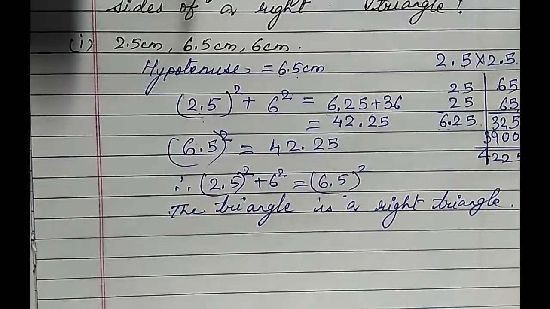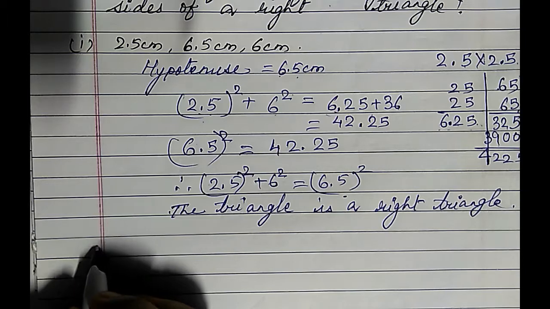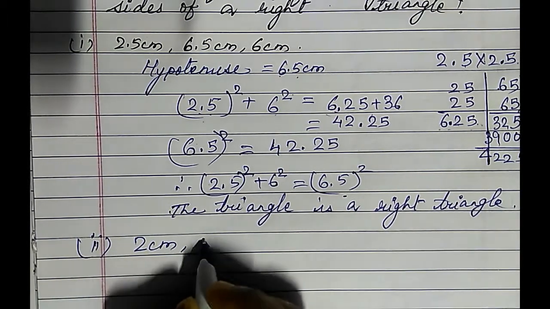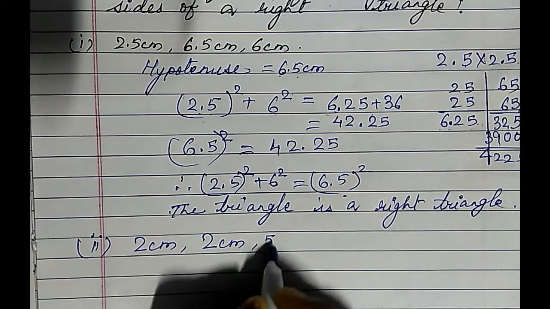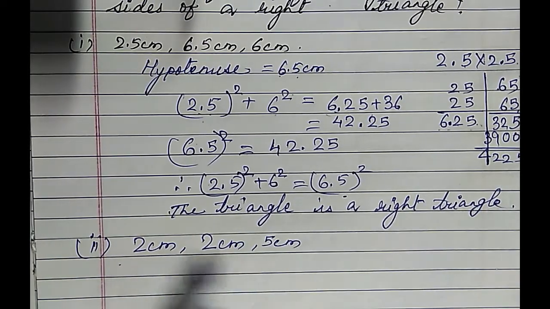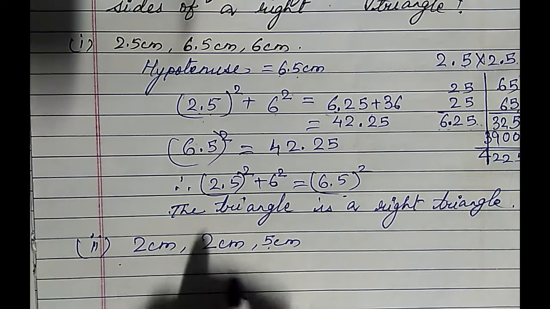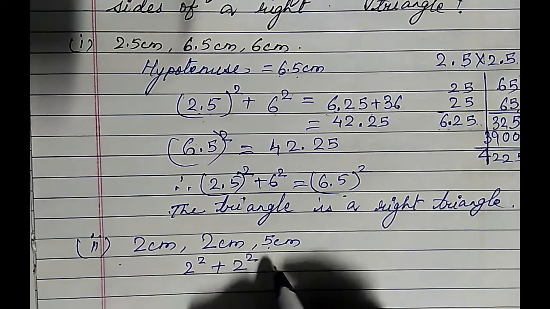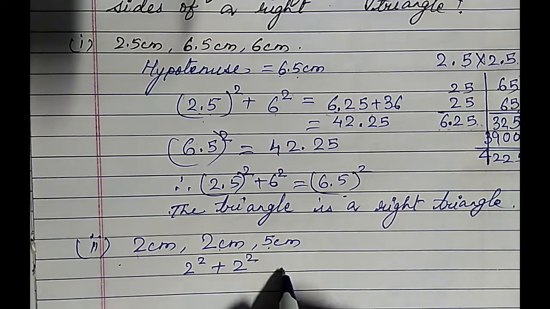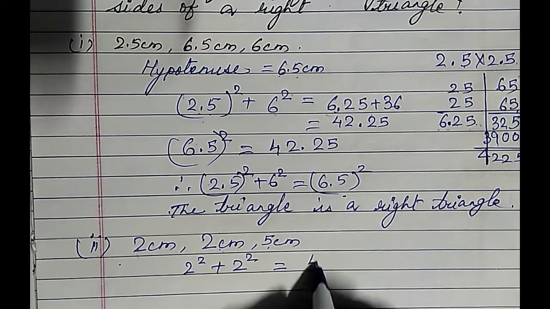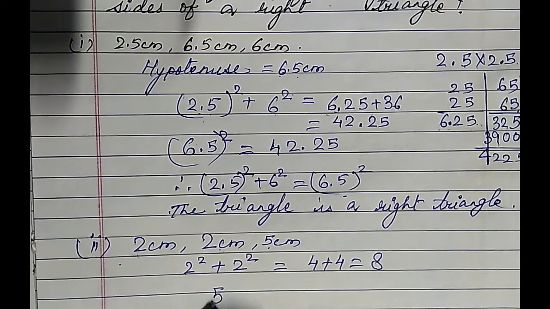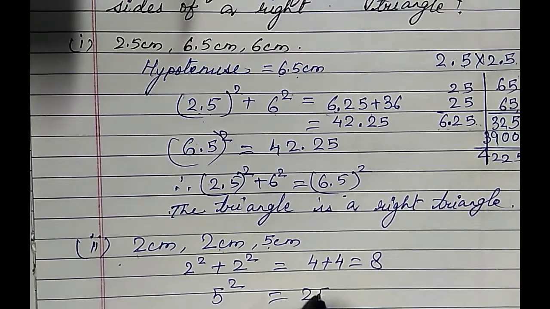Second one, the measures are given as 2 centimeter, 2 centimeter, 5 centimeter. Here definitely 5 is the hypotenuse. So 2 square plus 2 square, दोनों legs के square को मैंने add कर दिया है, and I get 4 plus 4 that is equal to 8. अब मैं hypotenuse का square निकाल रही हूँ, that is 25.